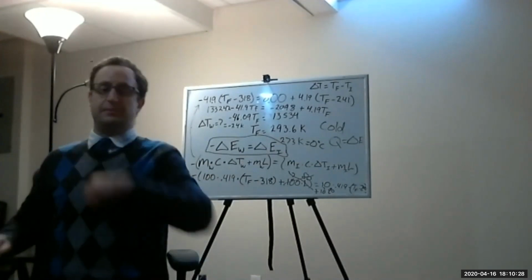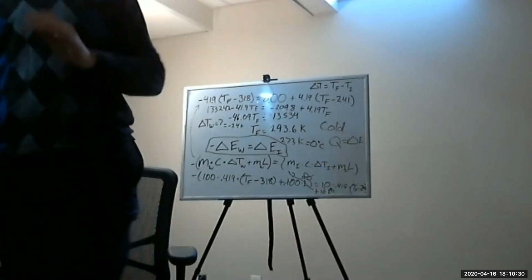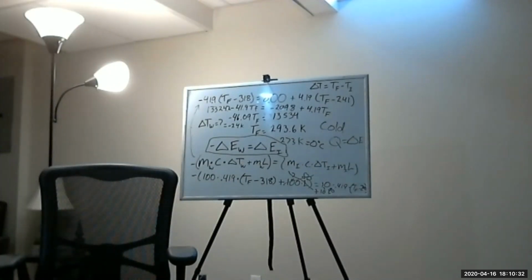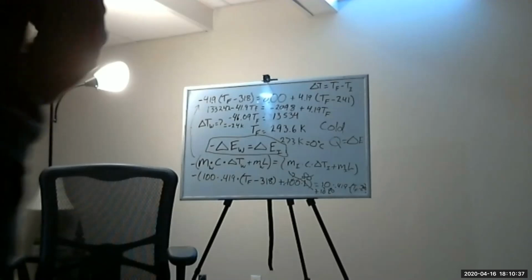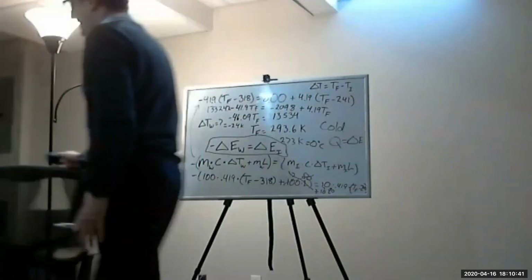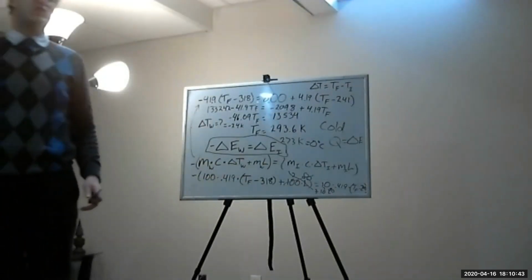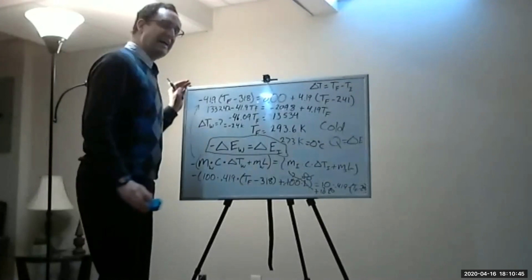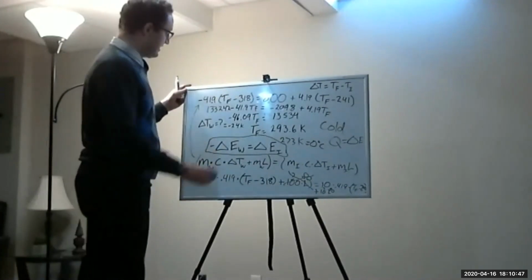Good. Okay then. With that said, let's move on to the next chapter. The next chapter plays around with a lot of thermal ideas still, but the key topic is what we call the ideal gas law.